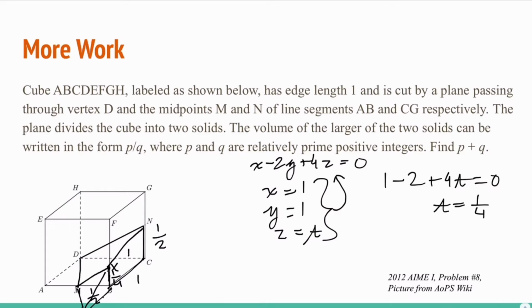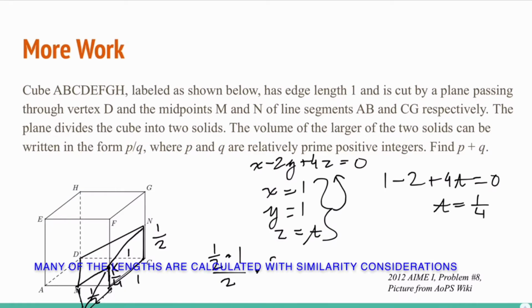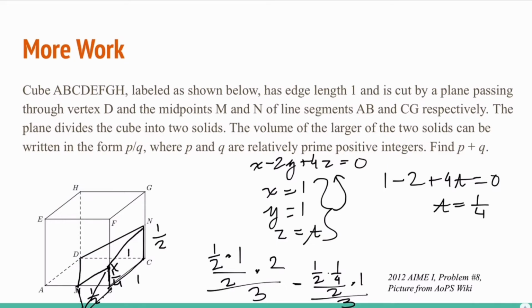So, what is the actual volume of the frustum? Well, we need to find the volume of the pyramid minus the volume of the small pyramid. And that we get as 1/2 times 1 over 2 times 2 over 3 minus 1/2 times 1/4 over 2 times 1 over 3, which equals 1/2 minus 1/16 over 3, which is 7 over 48.